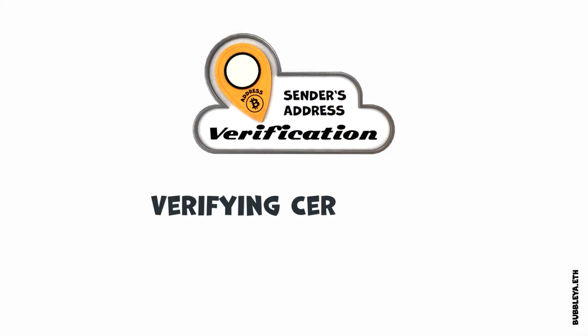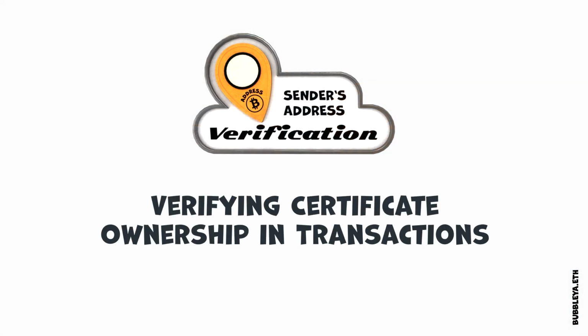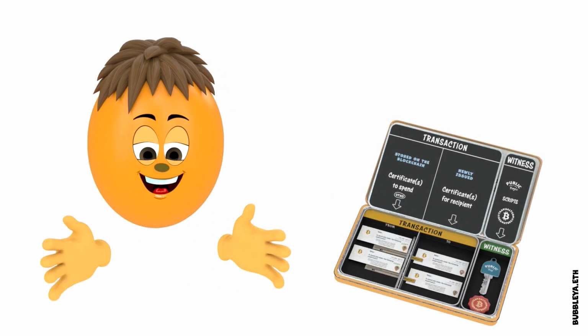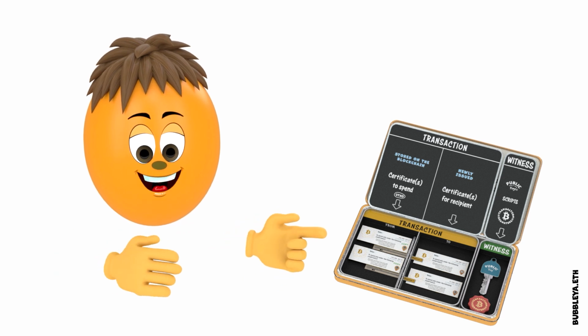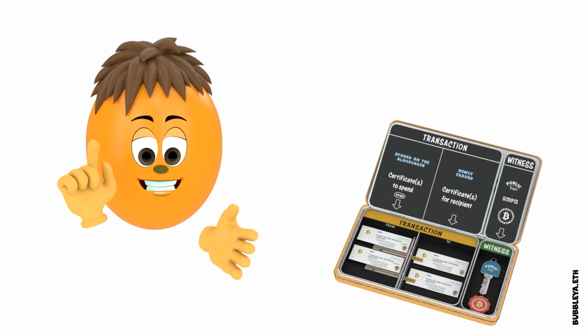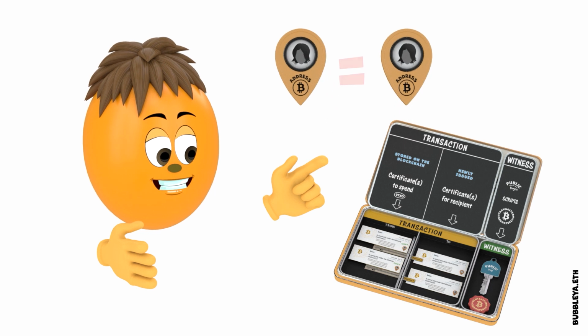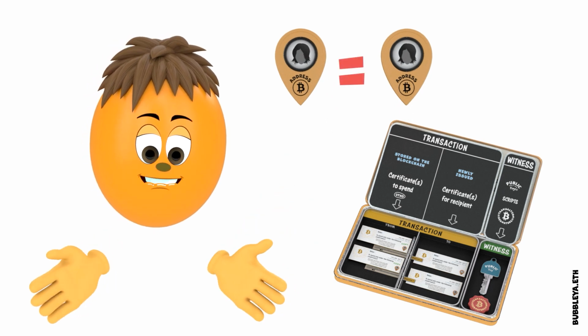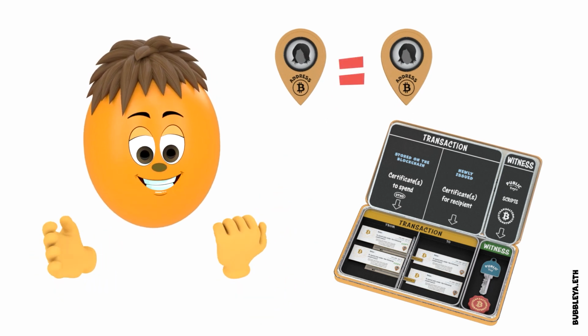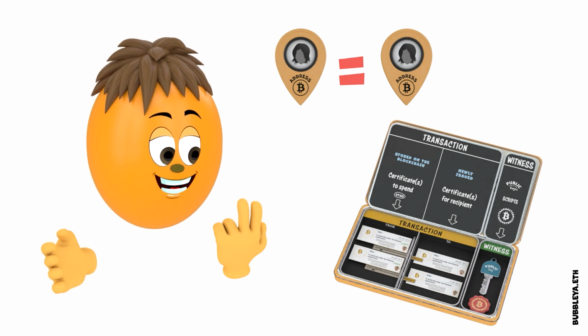At this checkpoint, the node verifies whether the owner of the certificates funding this transaction has provided proof of ownership. Let's mention again that for simplicity we assume that both certificates used for funding the transaction share the same Bitcoin address. Therefore, verifying Jane's ownership requires only one signature and one public key.